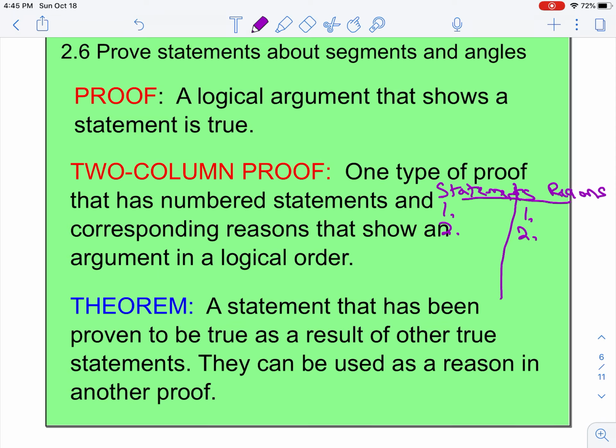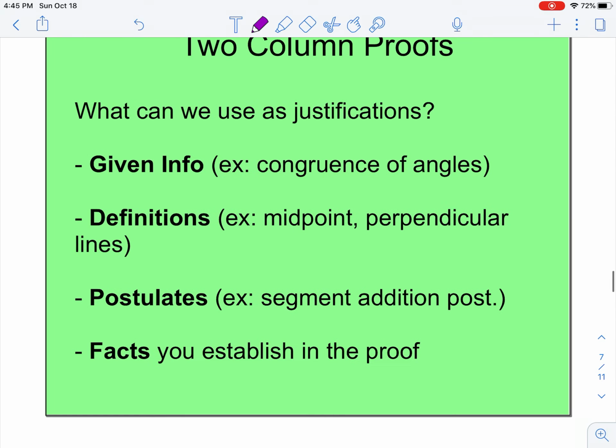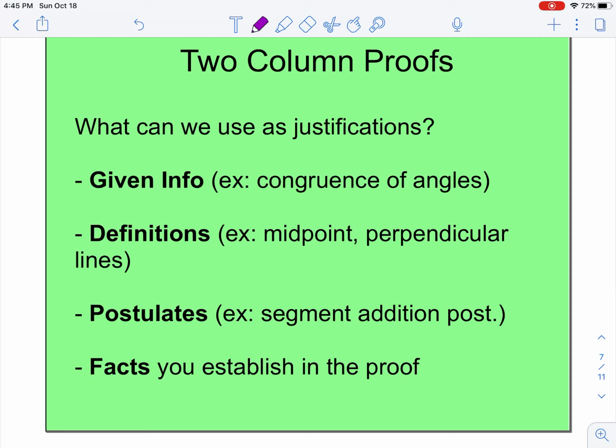A theorem is a statement that has already been proven to be true as a result of other true statements. And then they can be used as other reasons in proofs. So then you can actually use that. So, two-column proofs, what we can use for those justifications or our reason column is any given information, like congruence of angles or things that are marked congruent, definitions like midpoint, perpendicular lines, etc., postulates, like segment addition postulate, and any facts that you establish in your proof previously.